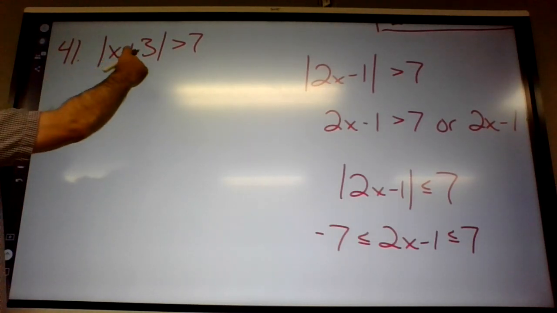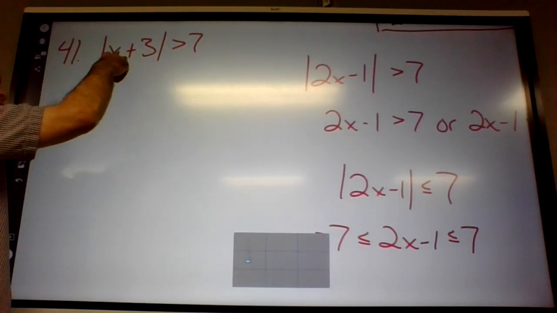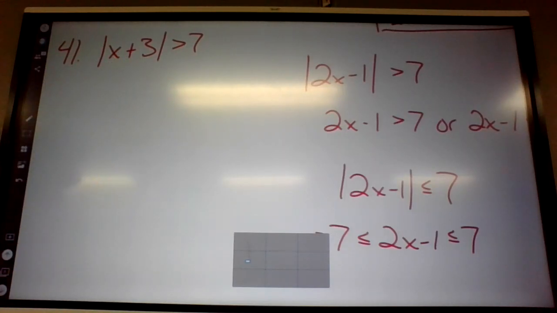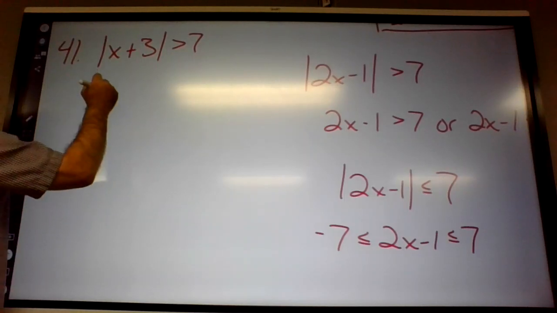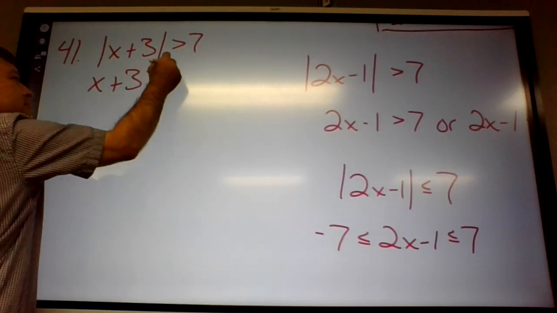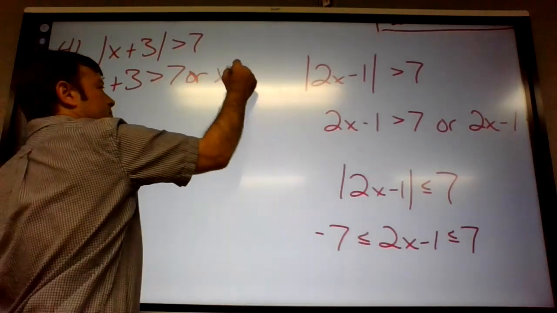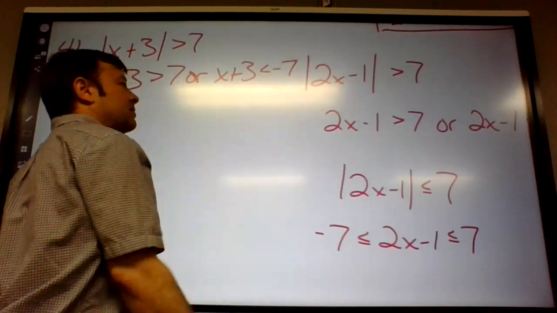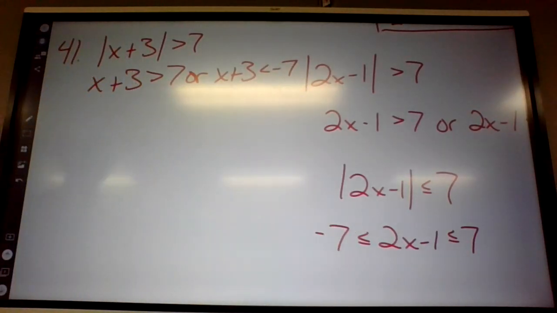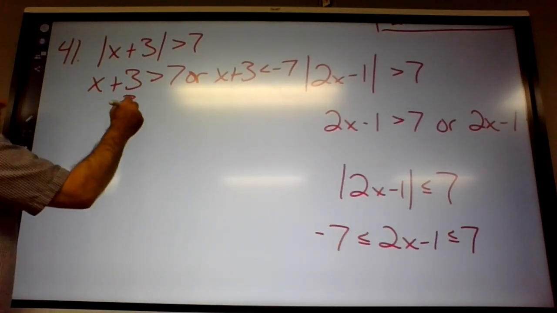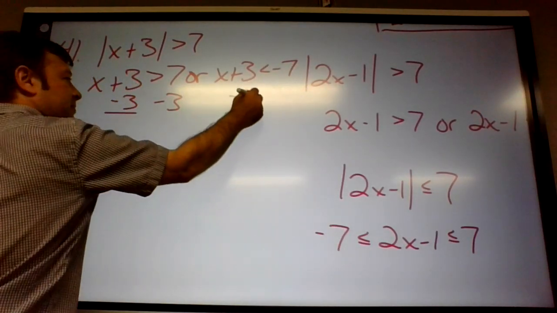You would just subtract 3 and you'd be done. But if it's an absolute value, you have to do something. Anybody think they know how to set this up? X plus 3 is greater than 7 or x plus 3 is less than negative 7. And then after that, you just subtract 3 on both.